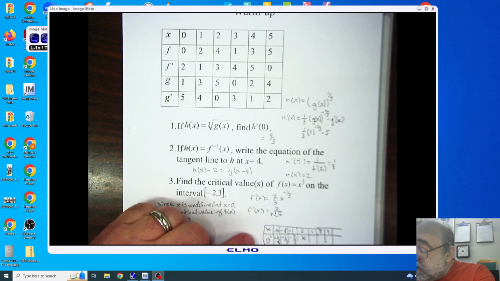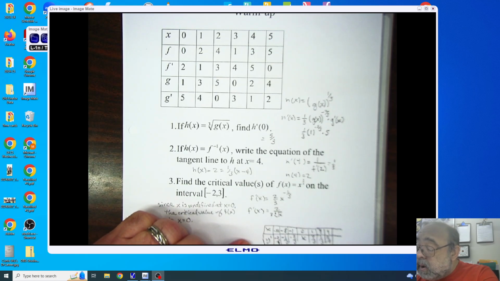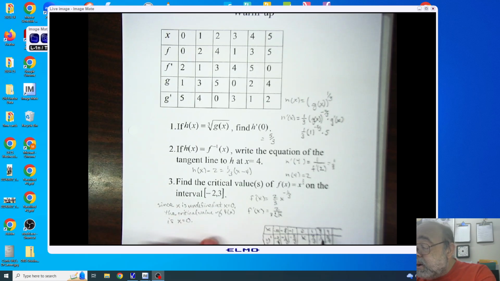And I can clearly see that I am looking at 2/3 on this side, 1/3, and 2/9. So I can clearly see that on this side of the undefined derivative, I have negative, and therefore my function will be decreasing.